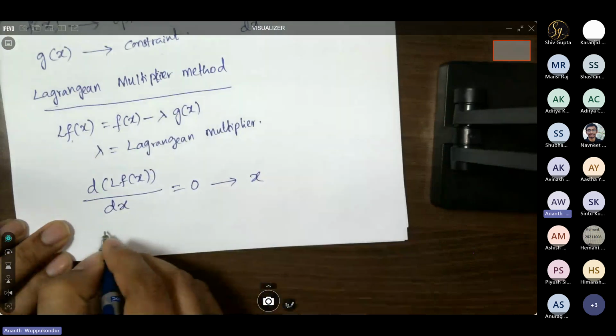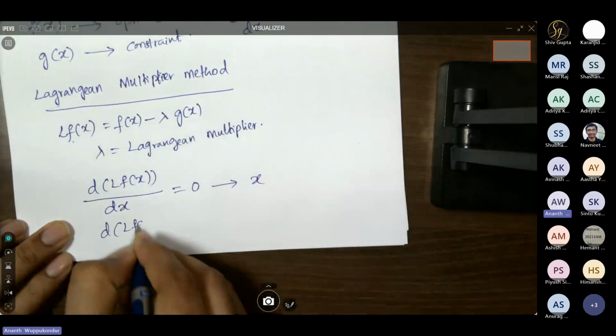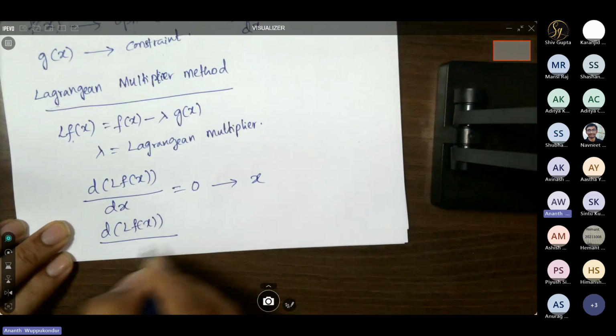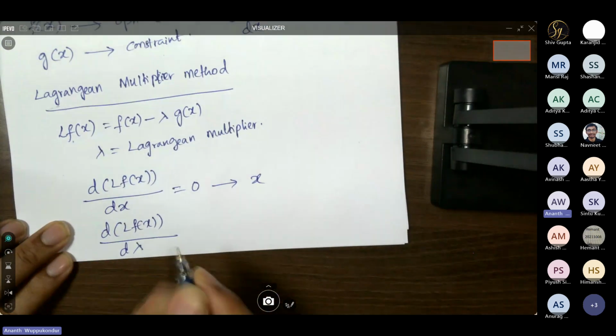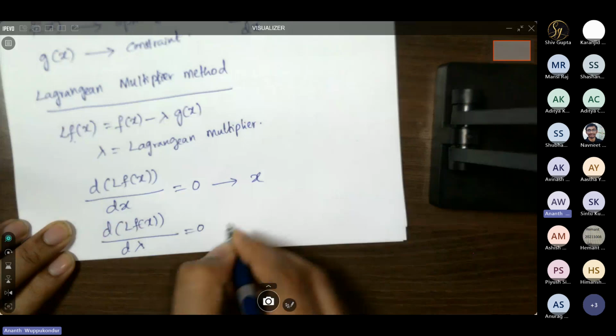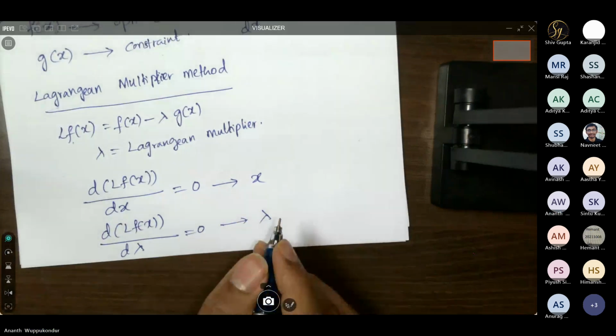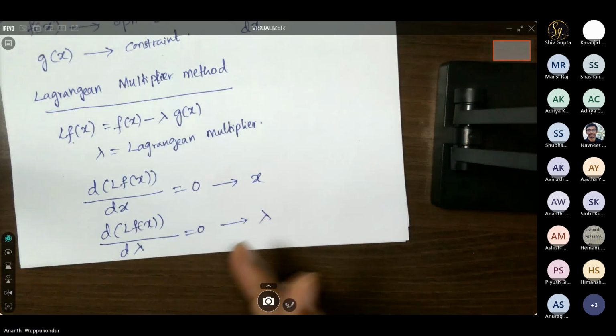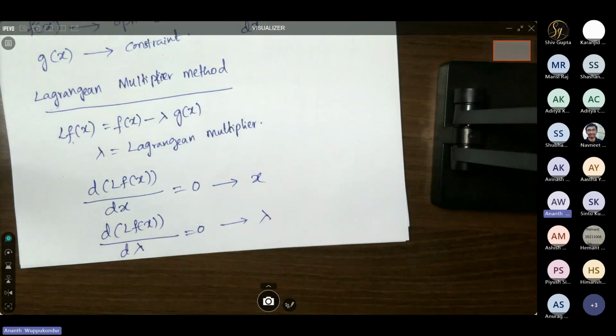And again, you differentiate the Lagrangian of f of x with respect to lambda and equate it to 0. So you would find a value for lambda. If you solve these equations, then you would get what is x1 or what is x, and you would also get what is lambda.